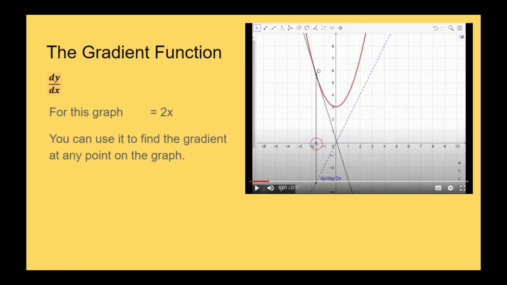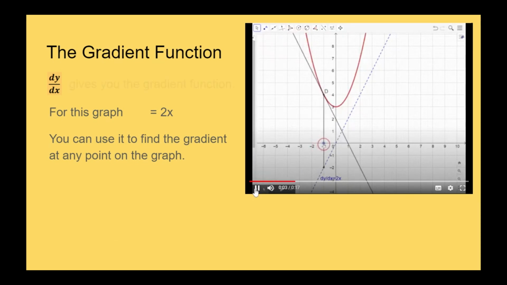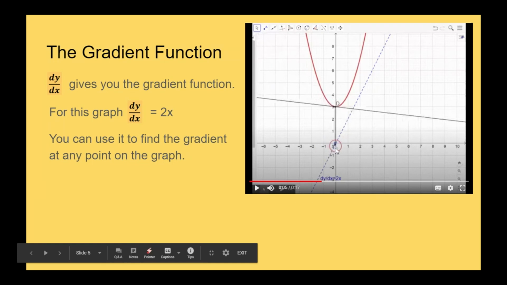And so at the point, that's about -1.7, the gradient is 2 times minus 1.7. So you can see it's just under minus 3, isn't it? Maybe minus 3.4. And that goes with the gradient of the graph that we can see. However, if we let the point move, we've got to 0 now.